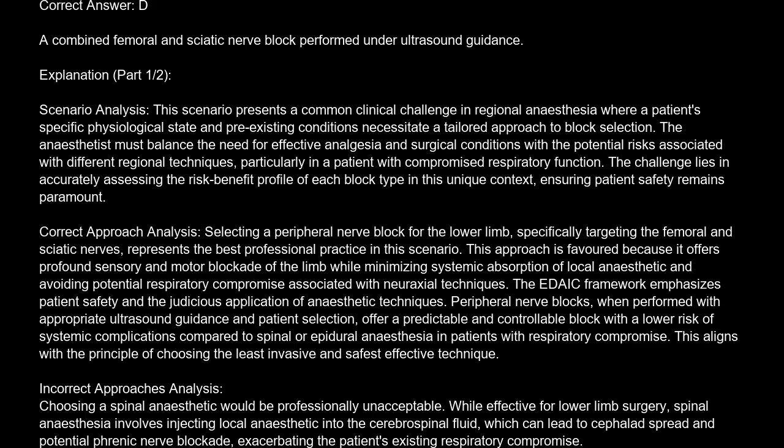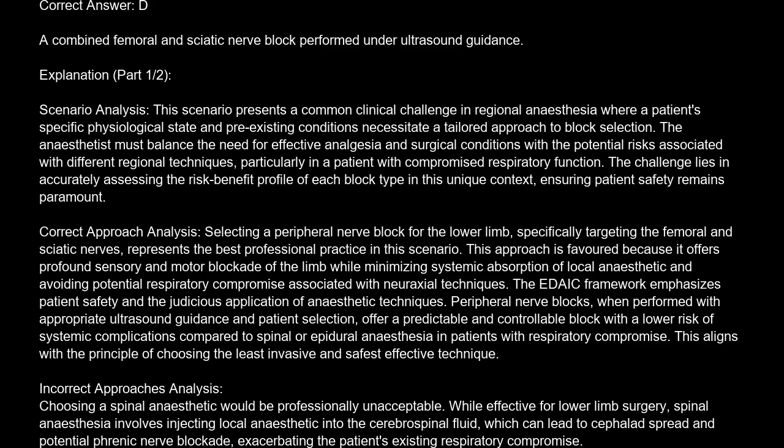The EDAIC framework emphasizes patient safety and the judicious application of anesthetic techniques. Peripheral nerve blocks, when performed with appropriate ultrasound guidance and patient selection, offer a predictable and controllable block with a lower risk of systemic complications compared to spinal or epidural anesthesia in patients with respiratory compromise. This aligns with the principle of choosing the least invasive and safest effective technique.